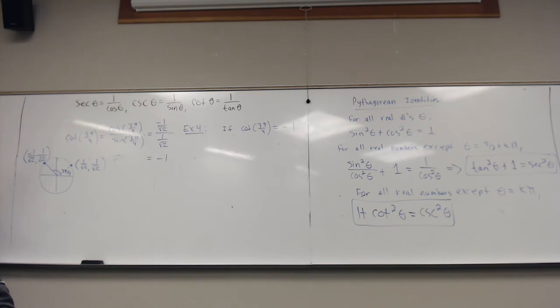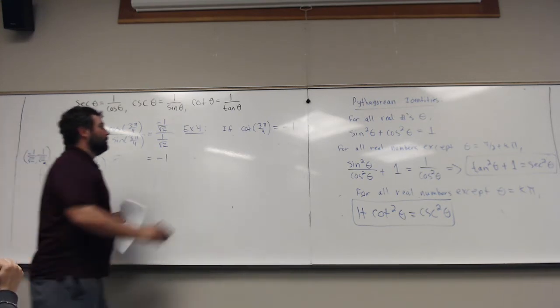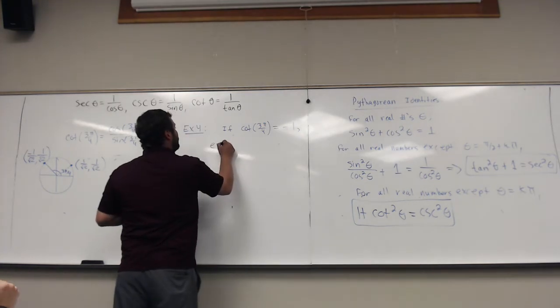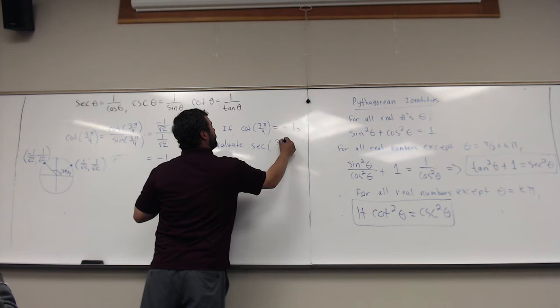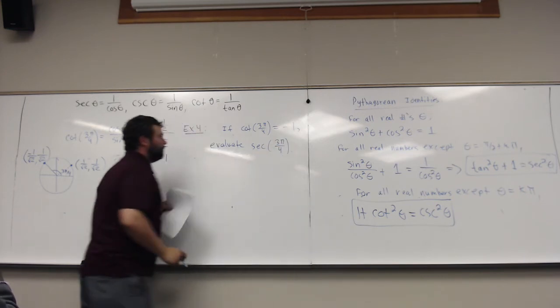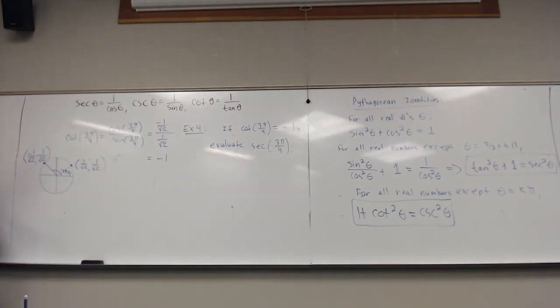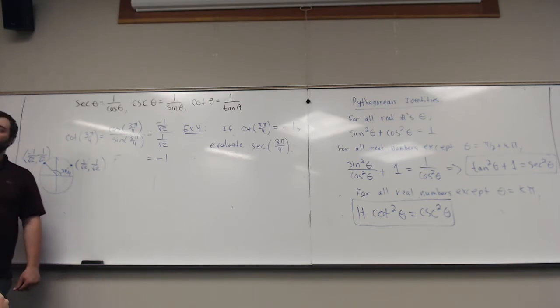Okay, so using the fact that cotangent 3 pi over 4 equals -1, we're going to evaluate secant 3 pi over 4. And we're going to do this using a Pythagorean identity. Now, do I technically have to use the Pythagorean identity to do this?